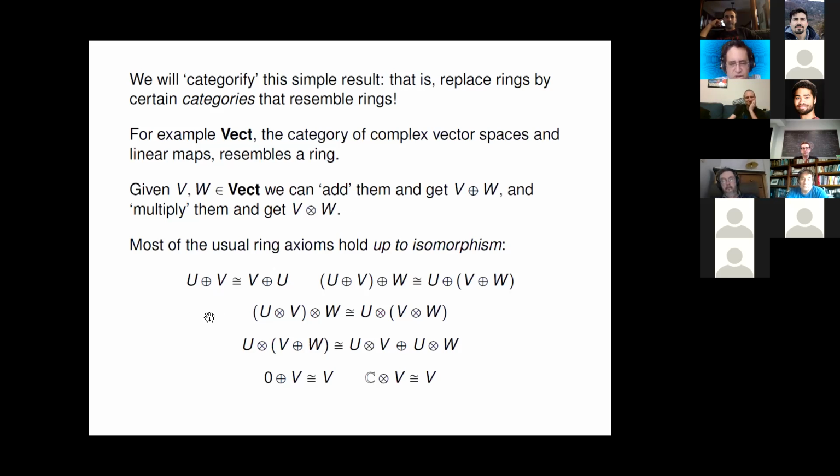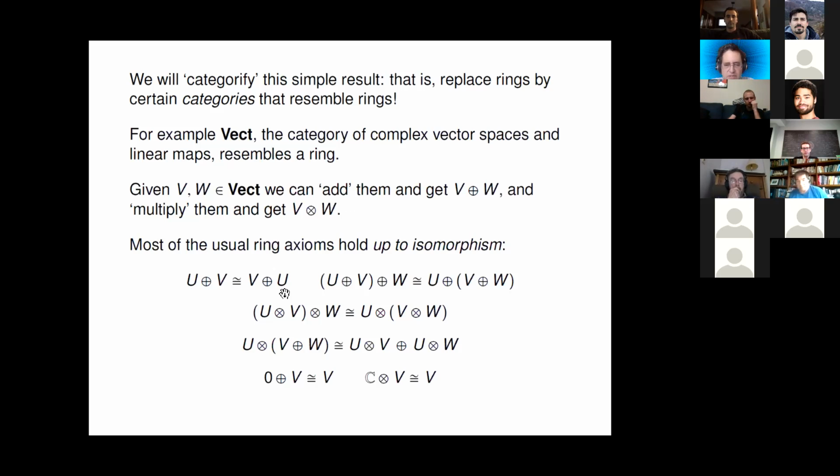And if you learn about this stuff, you'll learn that most of the usual ring axioms are true in this situation, except that they're true up to isomorphism. So like if I take the direct sum of two vector spaces in one order, it's not really literally equal to the direct sum in the other order, because this consists of pairs, something comma something, and this consists of pairs in the other order.